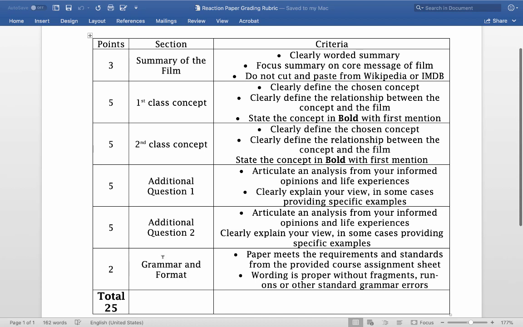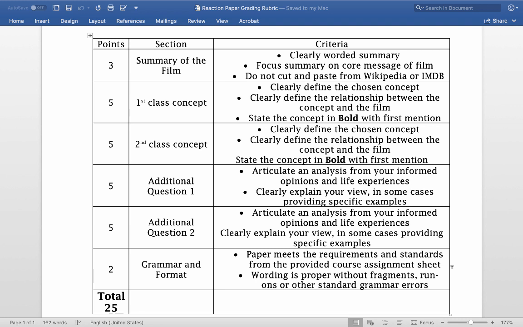And then the last one, the additional 2 points for grammar and format, meaning the paper meets the requirements and standards from the actual course assignment sheet that we just went over. So you actually follow the instructions. That's some points. And then the wording is proper without fragments, run-ons, or other standard grammar errors, meaning you did a spell check or tried for maybe 2 seconds to fix it up. That's what I'm looking for there.